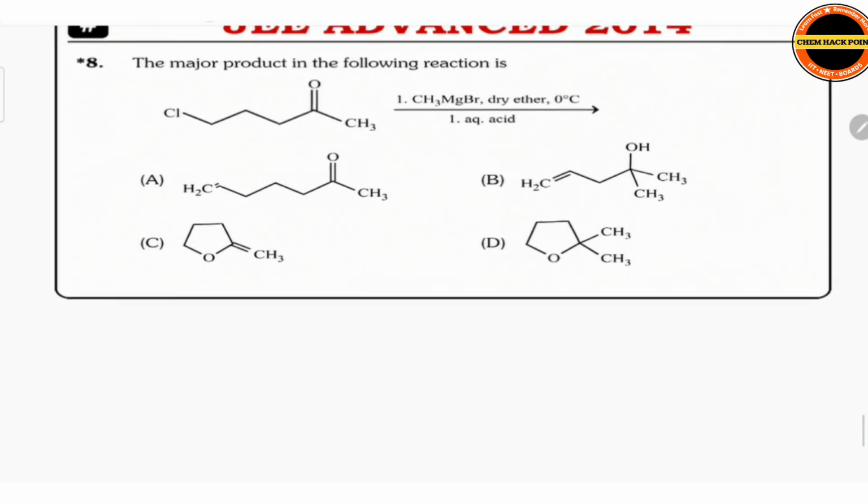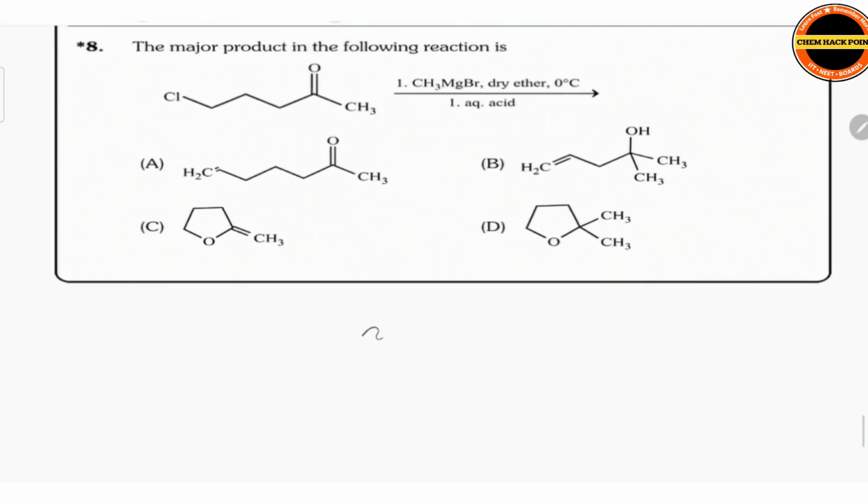After the reaction, Cl as it is in the reactant. So here you will get OMgBr as well as CH3. Here the CH3 attacks, right?